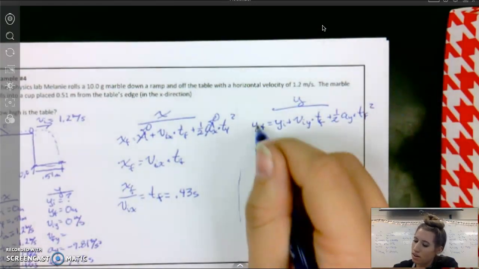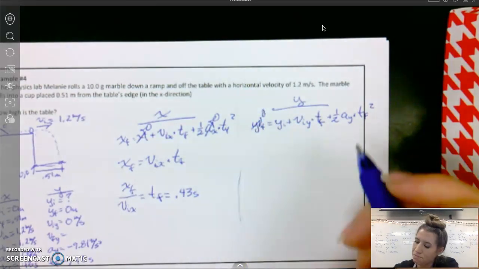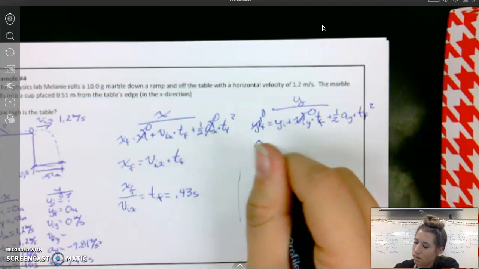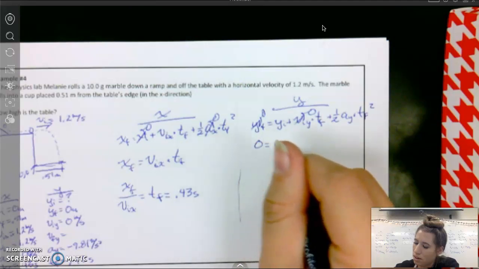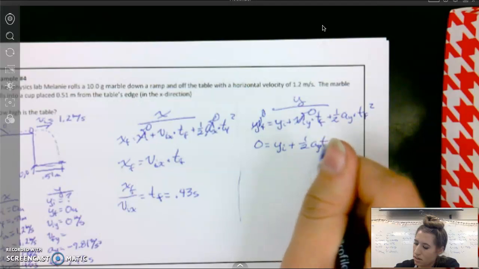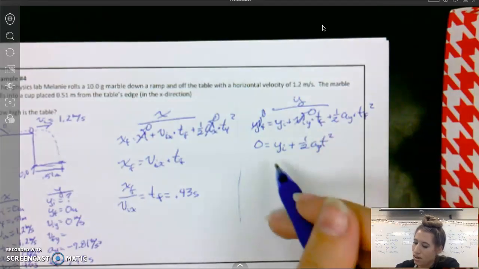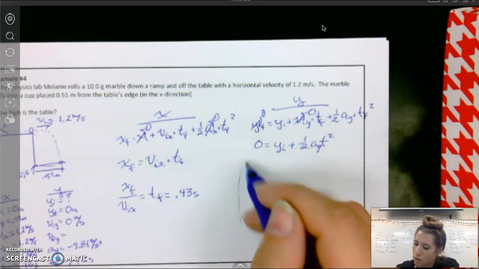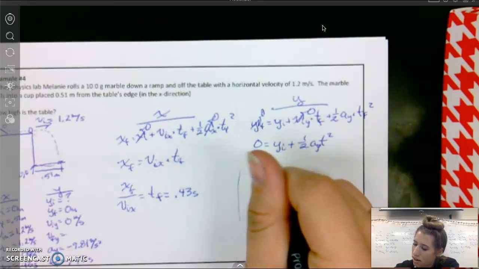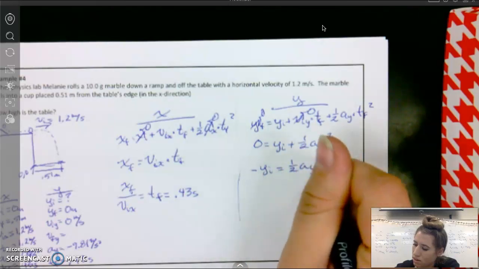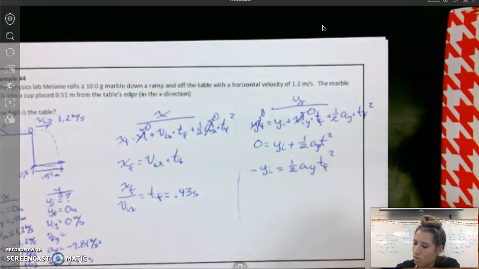Now, y final is 0, and velocity initial is 0. So 0 is equal to y initial plus 1/2 acceleration, t final squared. And we're looking for y initial. So let's get that by itself. Let's subtract it to the other side. So negative y initial is equal to 1/2 acceleration, t final squared.